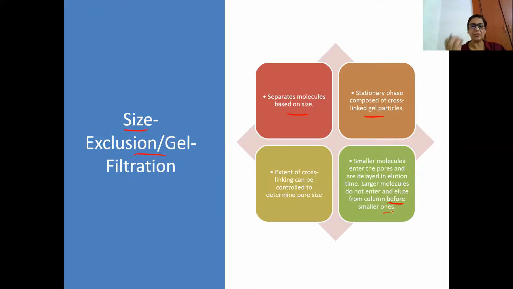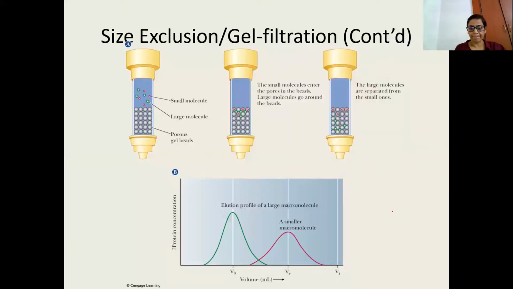And the molecules which are smaller in size, we can collect later as elution volume. So this is on the basis of size. As you can see here, there is a difference between smaller molecules and large molecules. This is the elution profile of a large molecule, and this is for a smaller molecule. So that is why it is known as size exclusion chromatography.